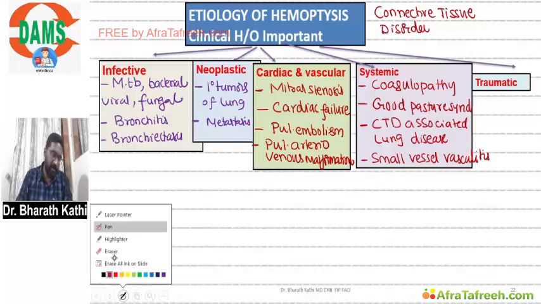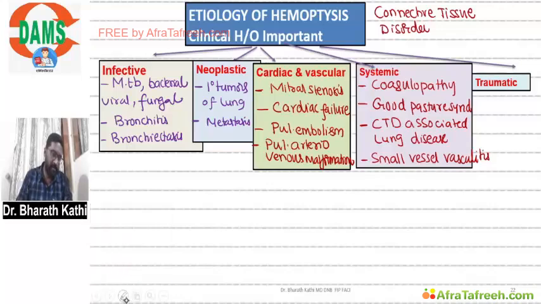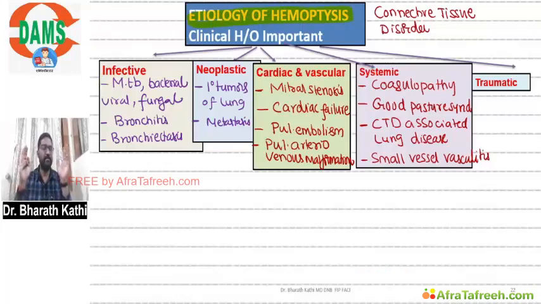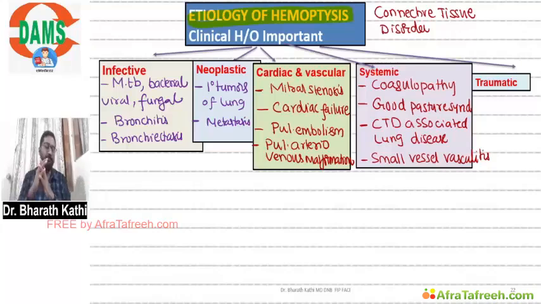So when you are having hemoptysis as a symptom, make sure you are knowing the source of hemoptysis and etiology of hemoptysis. So it can be classified in a very simple manner. See, theory writing is different, but in practical exam, even though it is concise, you have to express whatever you know.